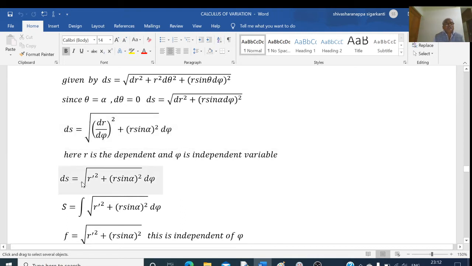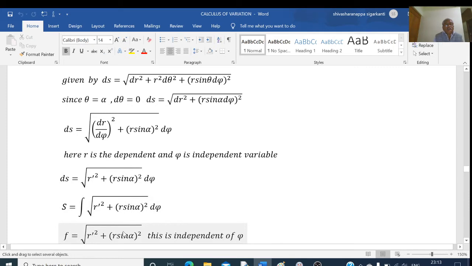So ds is equal to the square root of r dash square plus (r sin alpha) square into d phi. As phi is the independent variable and r is the dependent variable, this is my f. F is equal to the root of r dash square plus (r sin alpha) square.